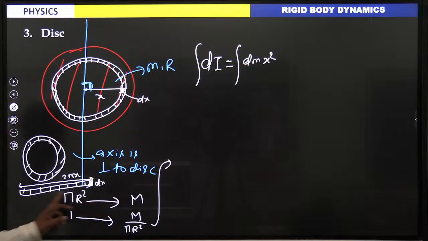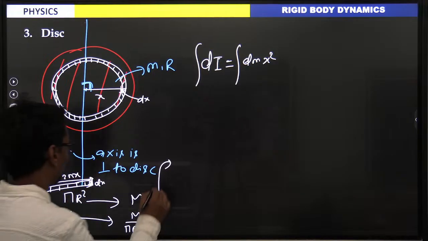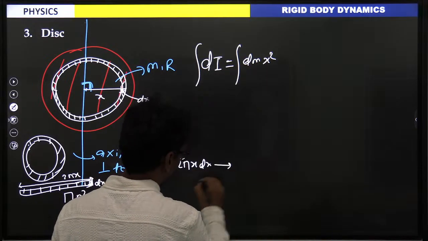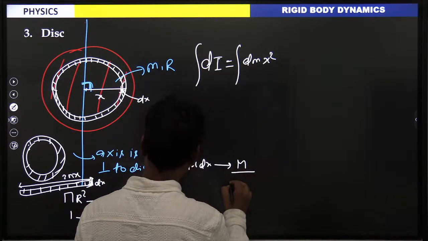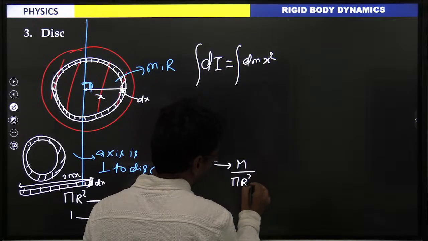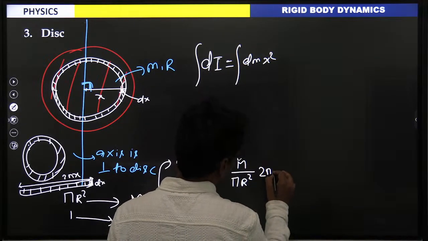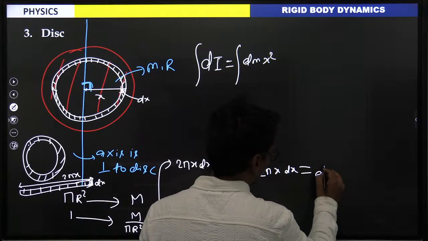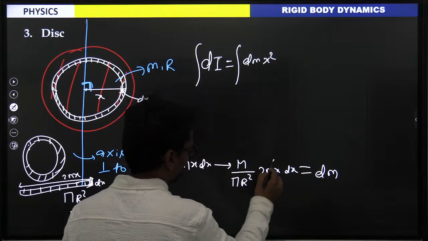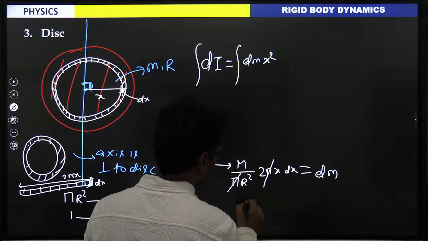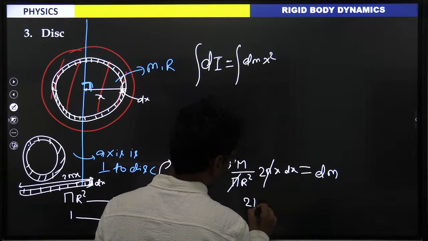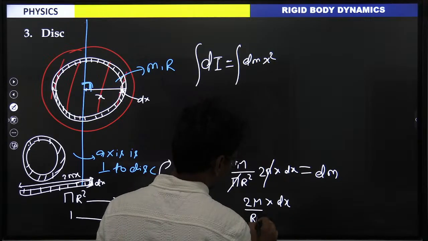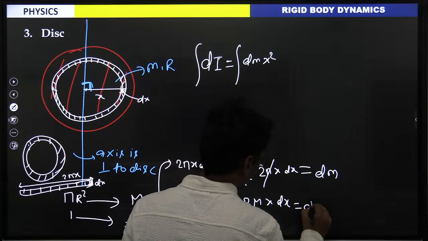So the area of this strip is 2 pi x dx, and in 2 pi x dx area the mass will be m upon pi r square times 2 pi x dx, and this is dm. So you can cancel pi with pi, and the net dm will be 2m x dx by r square.